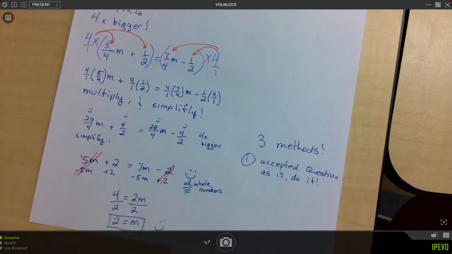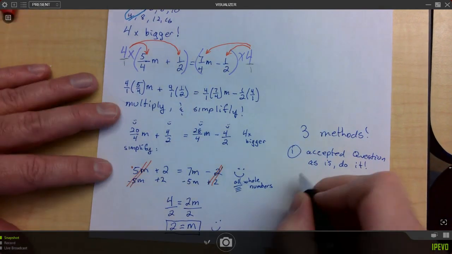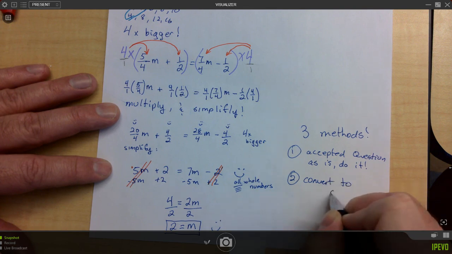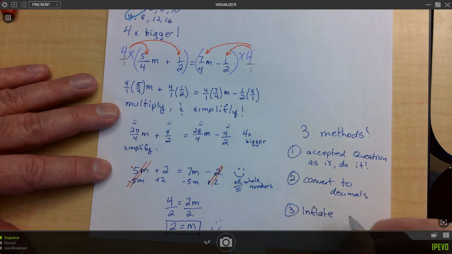Method 2 was convert to decimals. Method 3, inflate or blow up your equation using the lowest common multiple.